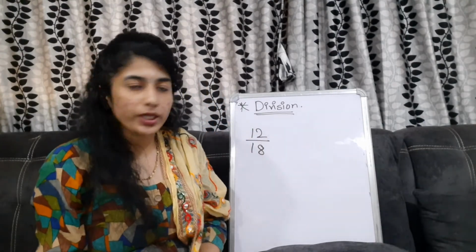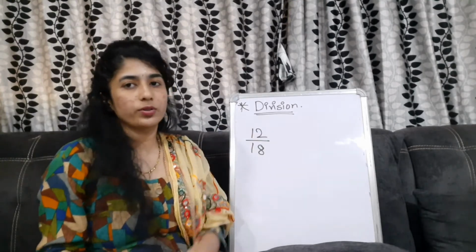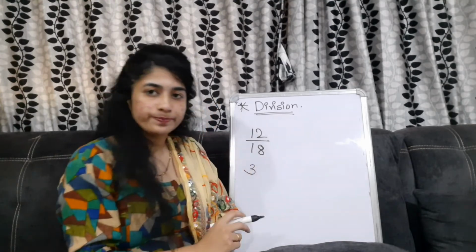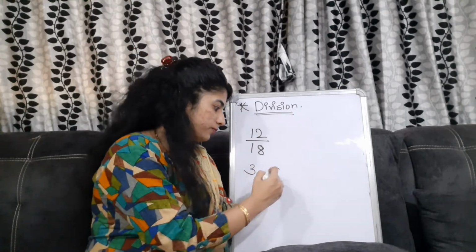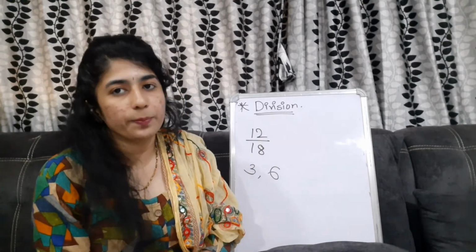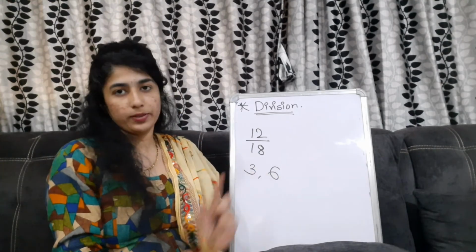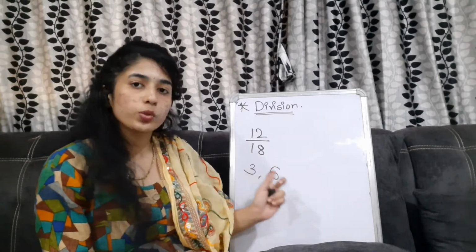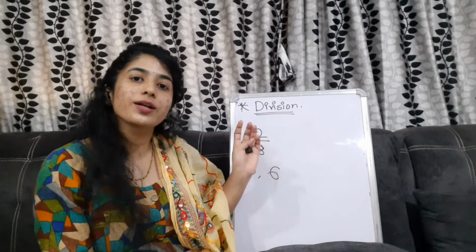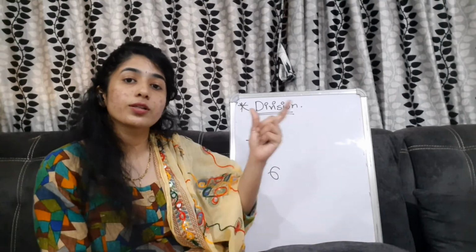12 and 18. Now here you will see that both numbers are going in two tables. First is of 3 and second is of 6. In both tables, these numbers are appearing, right? So what you will do, you will go for the bigger number then. Instead of going for 3, you will go for 6. Always remember, if both numbers, numerator and denominator, are coming in 2 or 3 tables, then you will go for the biggest one.